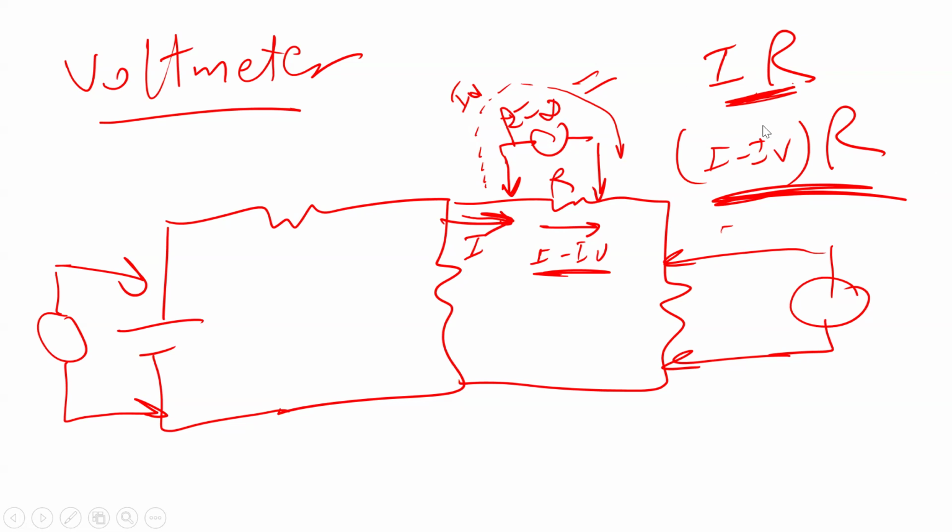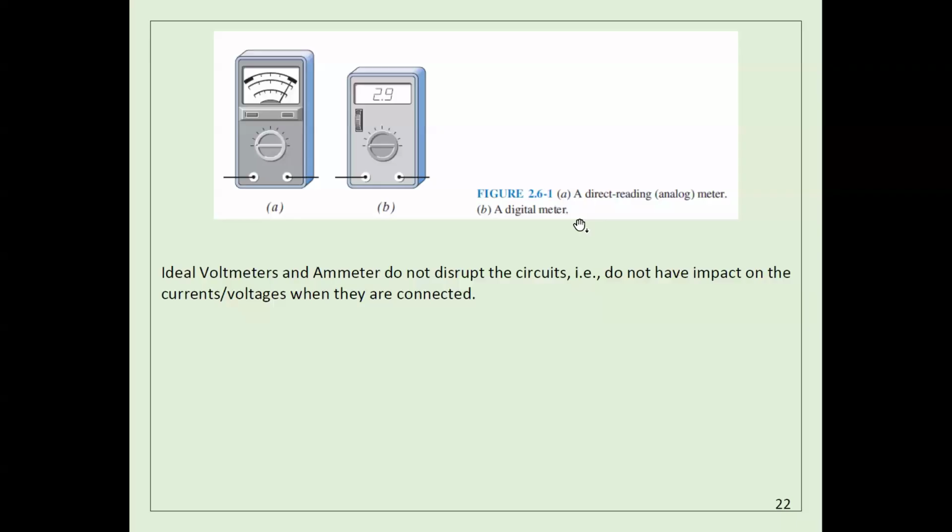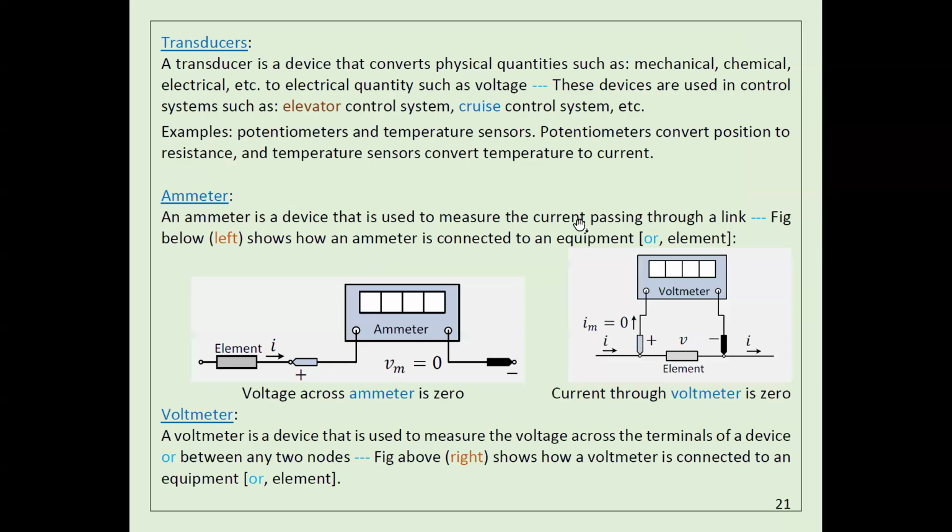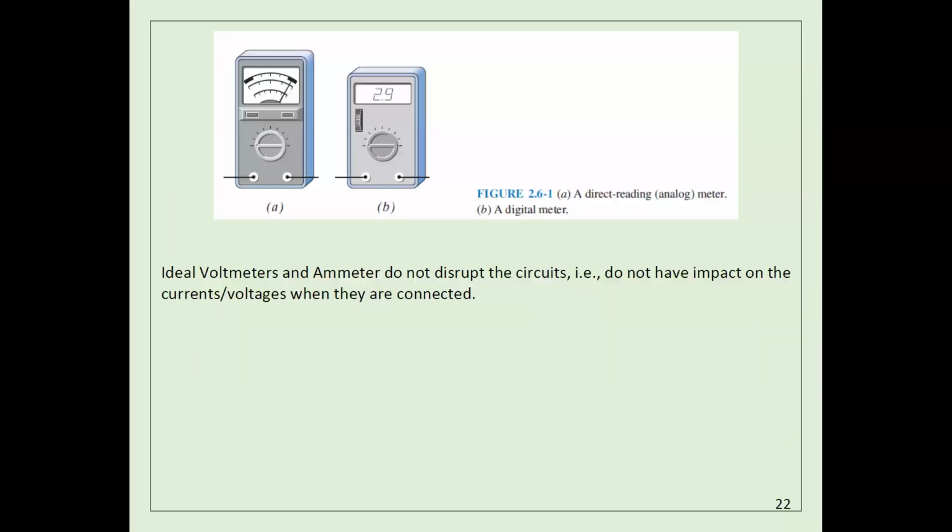There is a source of error, yes, but if this error is very small, it should be okay. Ideally, if this one is infinity and all the current is going this way, that means you didn't make any disruption to the circuit. Any questions? You understand the idea of how a meter or a voltmeter can make disruption, and this can cause error in the circuit.